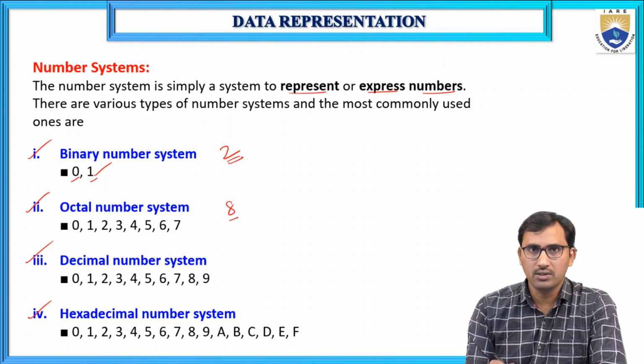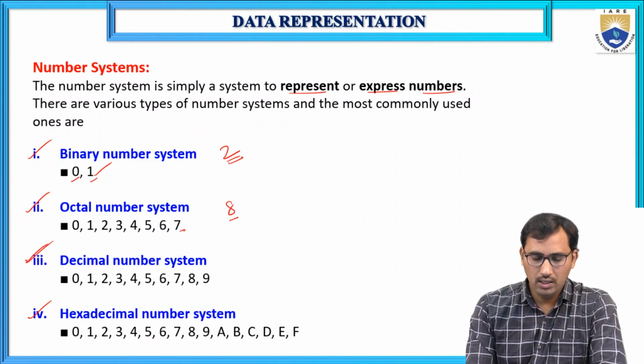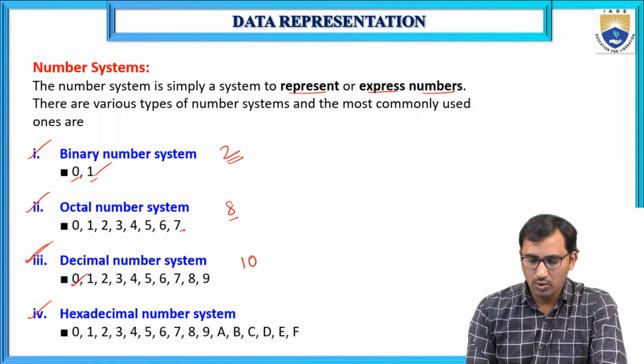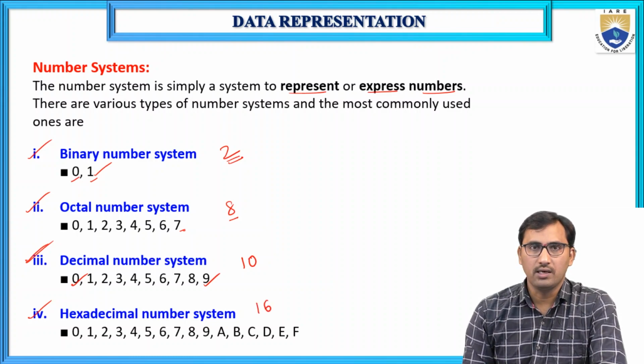Whereas in octal number system, the base is 8. That means from 0 to 7 numbers are present. And decimal numbers. So the base of the decimal number system is 10. So that means the decimal numbers are from 0 to 9. And similarly, in hexadecimal number system, the base is 16.